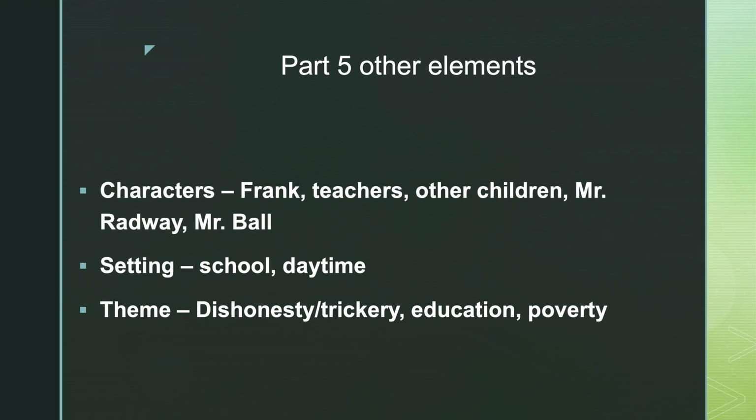Education. If you think about the way in which the examination is being done, education comes out as a theme, and poverty comes out as a theme as well. I want you to go and identify where in the chapter you see poverty coming out as a potential theme.